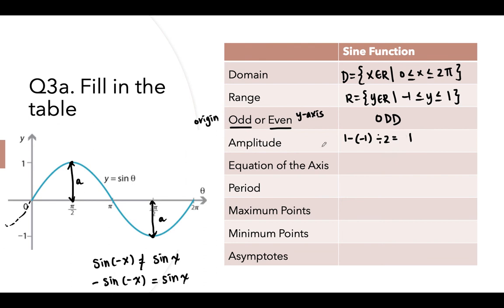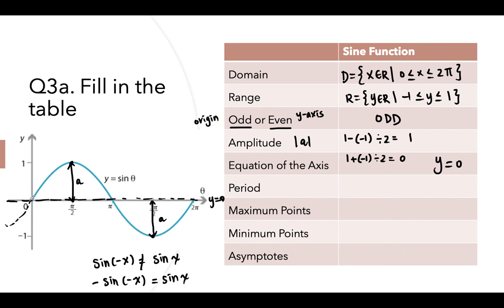Amplitude will always be positive. Equation of axis is the maximum plus the minimum divided by 2, which is 0. As you can see, I do have the equation of axis over here at y is equal to 0. So you do have to say y is 0.